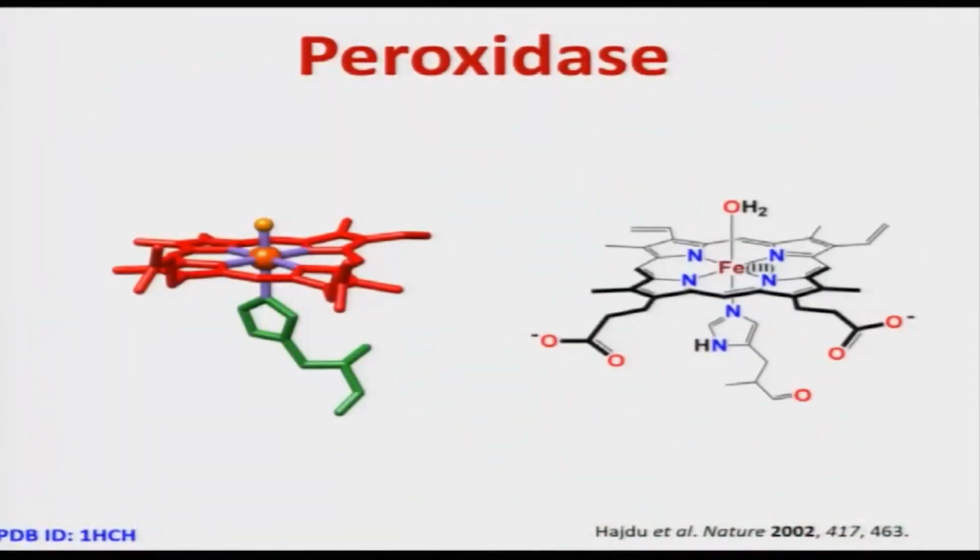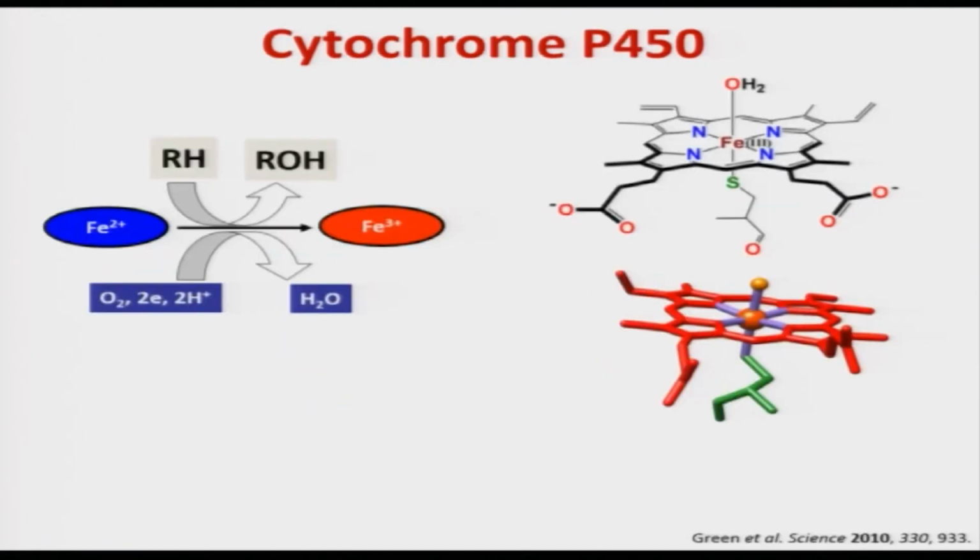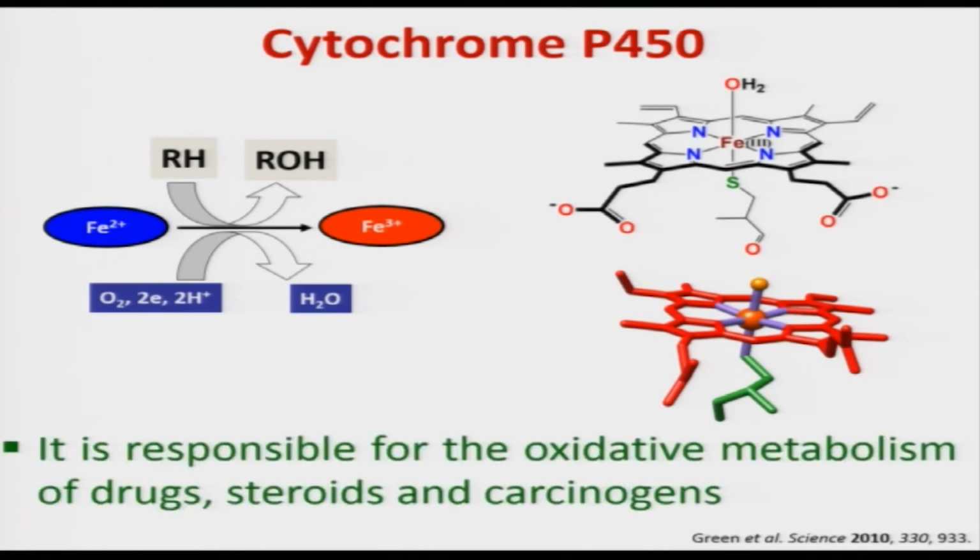Once we remove these protein chains, it gives this active site structure; as one can see, this is the iron 3 heme center. Cytochrome P450 is another extremely important enzyme for our day to day life; indeed it is responsible for the oxidative metabolism of drugs, steroids and carcinogens, and thereby helping our life.